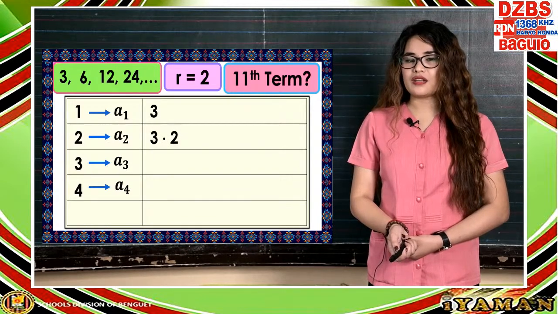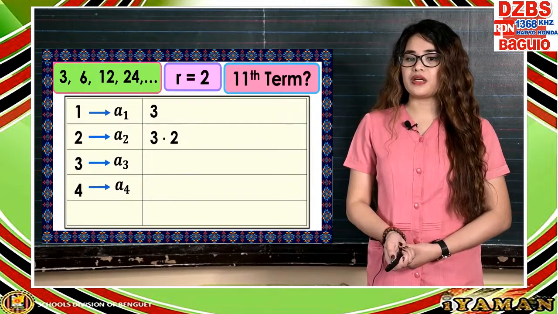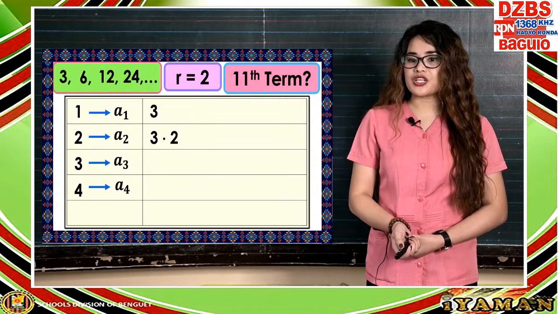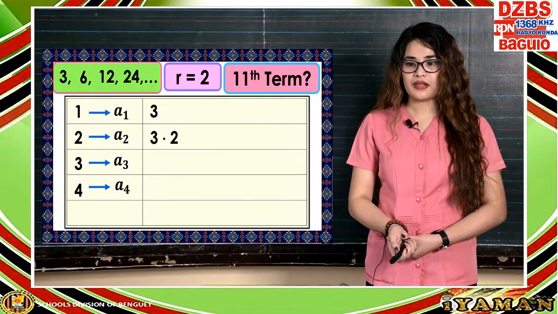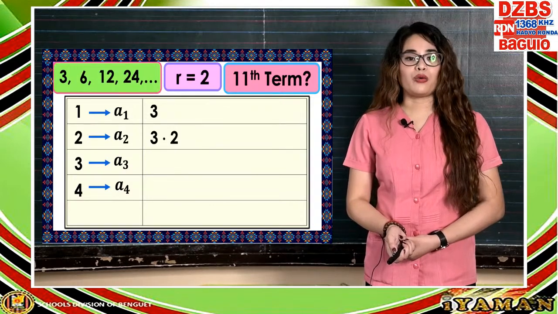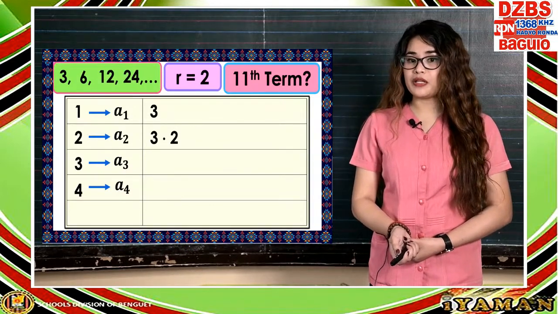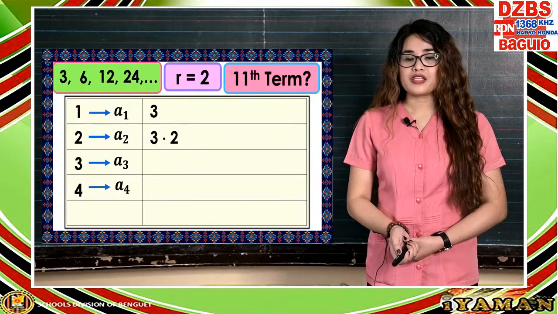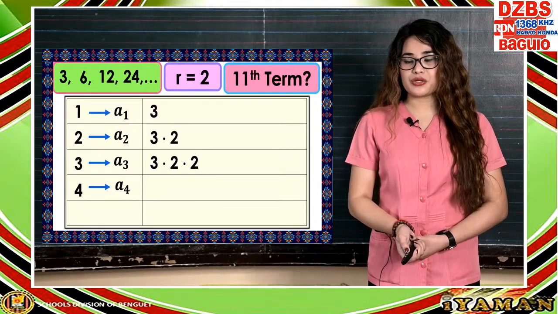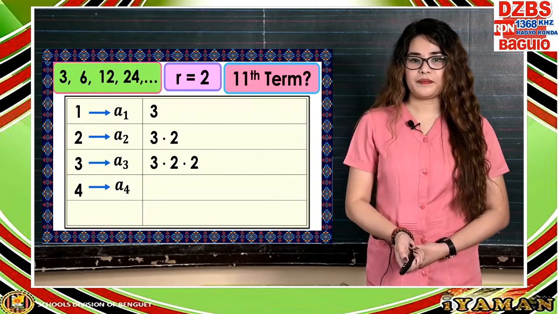But we get that 6 by multiplying the 3 by the common ratio, so let's just write 3 times 2. Now, if I take that term and multiply it by the common ratio, I'll get the third term. So that would be 3 times 2 times 2 again.